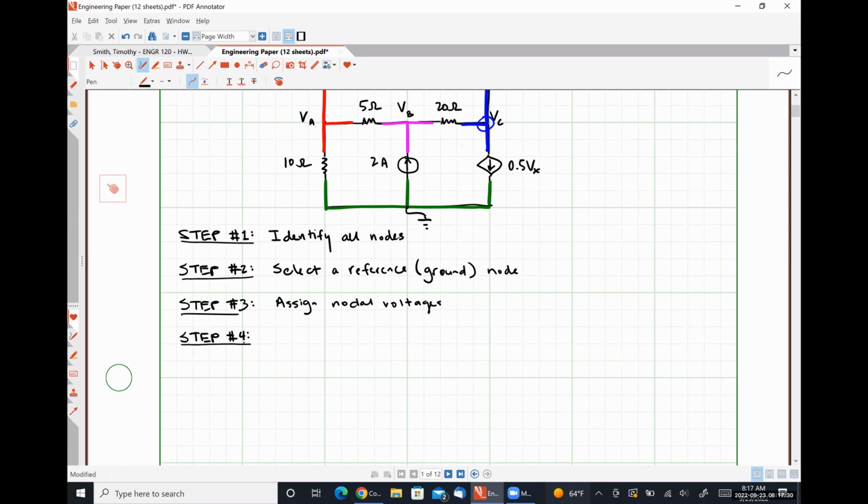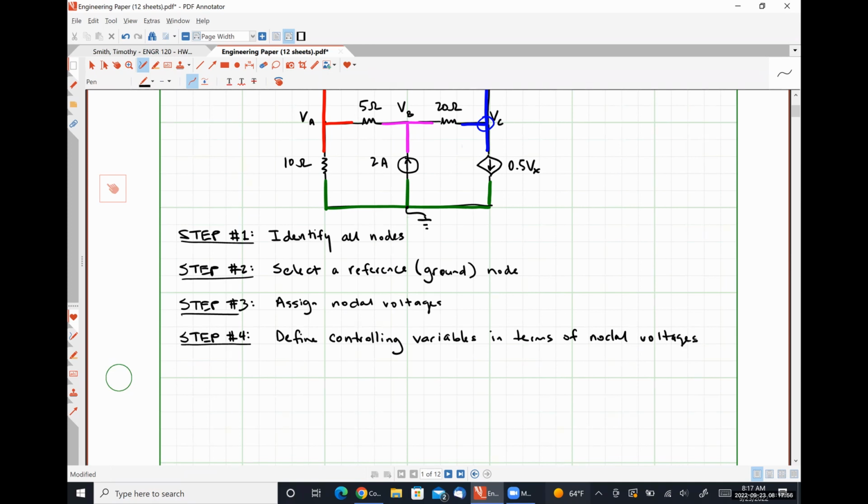In step number 4, we are going to define our controlling variables in terms of our nodal voltages.